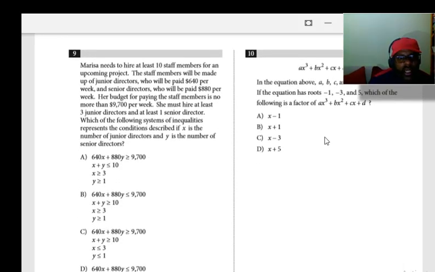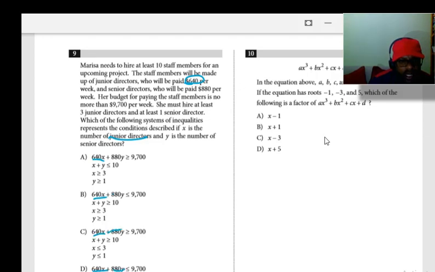Okay, Maria needs to hire at least. Okay, let's define what. Let's go to the final one. X is the number of junior directors. Okay, let's go up. The staff members will meet a junior who will be paid 640x. So as you can see, all of them we have okay.